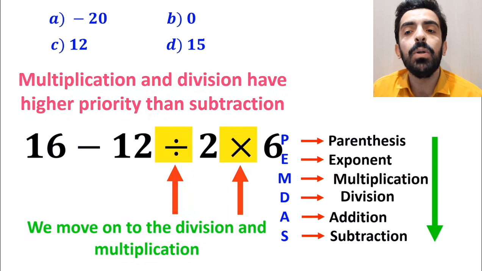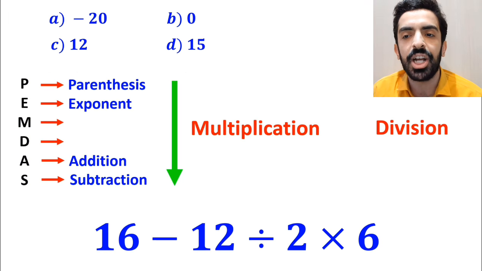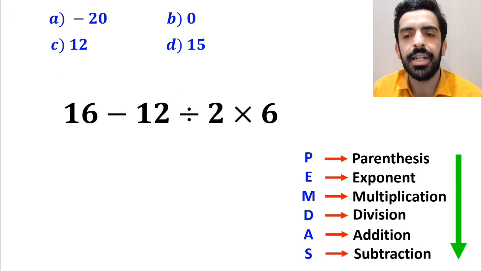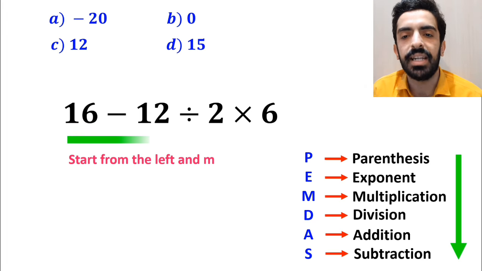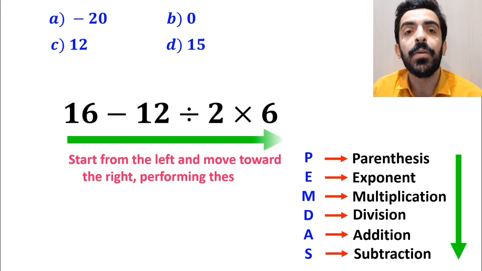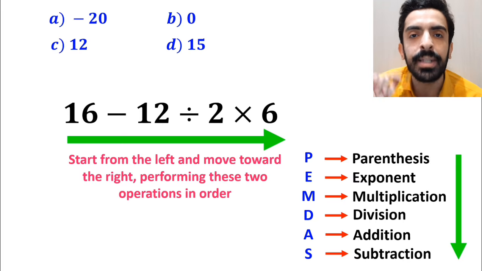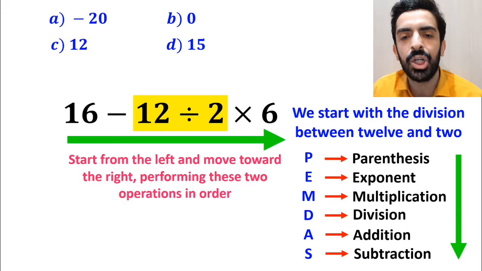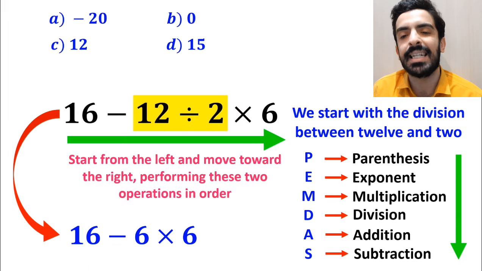However, it's very important to note that multiplication and division have exactly the same level of priority. In this situation, the best approach is to start from the left and move toward the right, performing these two operations in order. So, first we start with the division between 12 and 2, which simplifies this expression to 16 - 6 × 6.